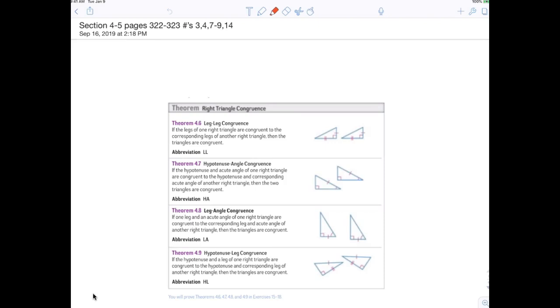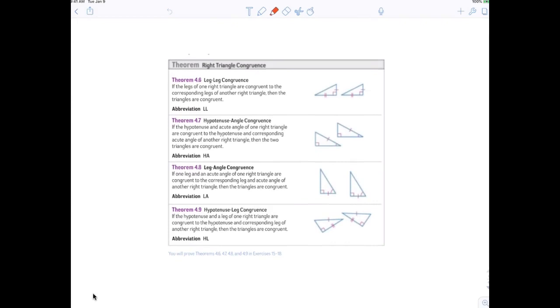The assignment now, I want you to look up here. This geometry book teaches a little differently than the way I think it should be done, so I'm just going to modify something for you. Today we're talking about what happens when you have right triangles.